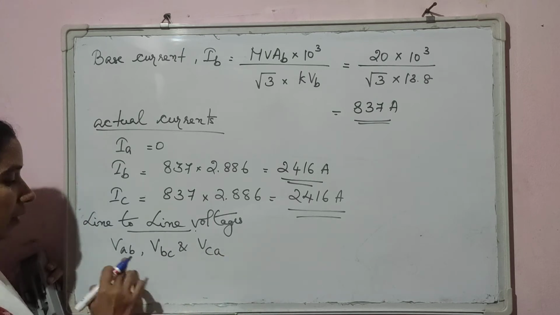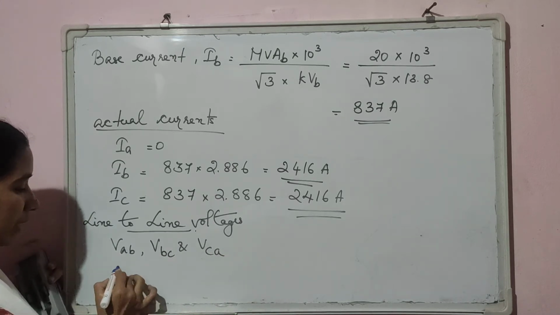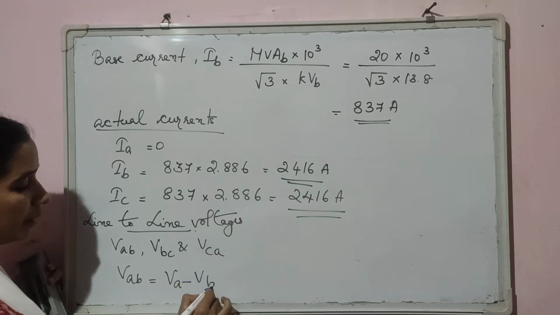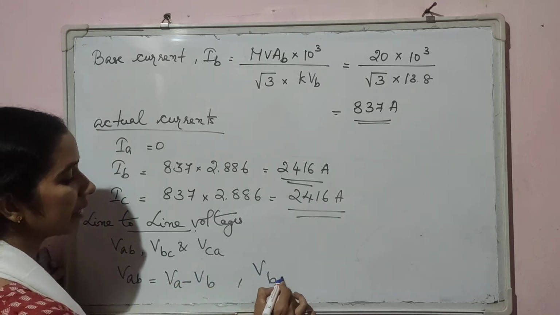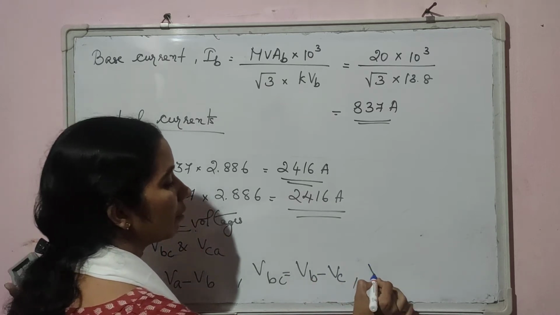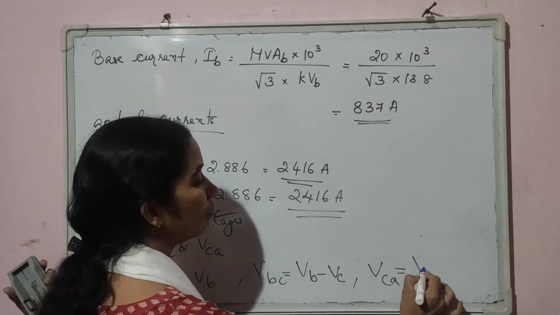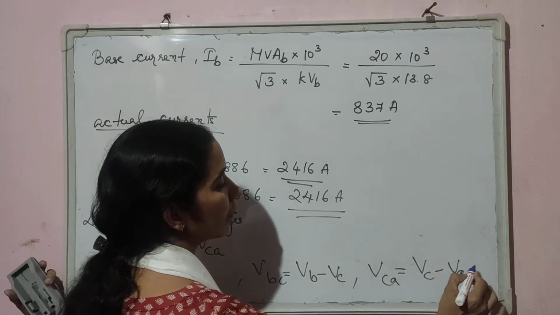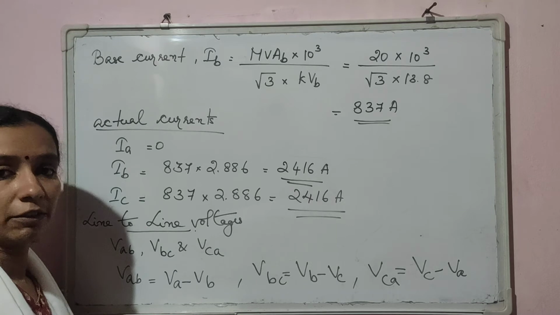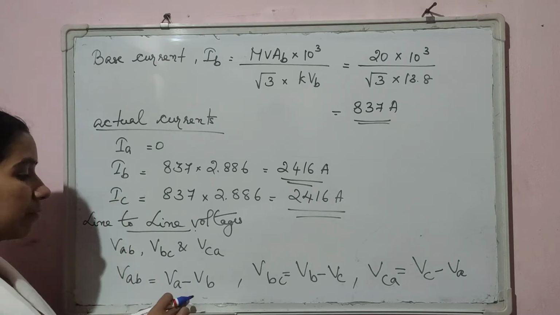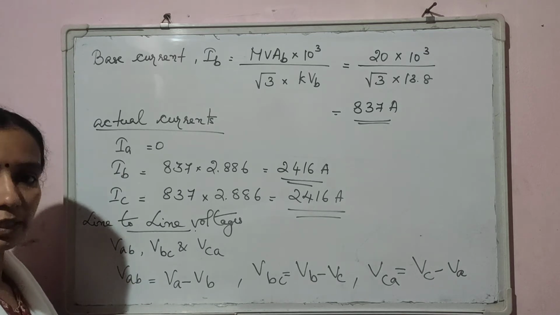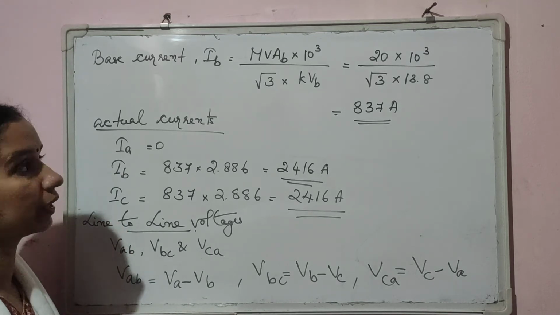And how can we calculate this? VAB will be equal to VA minus VB. Similarly, VBC will be equal to VB minus VC. And VCA will be equal to VC minus VA. That means for calculating the line-to-line voltages, we need the value of all the phase voltages VA, VB and VC. So let us go for calculating the phase voltages.